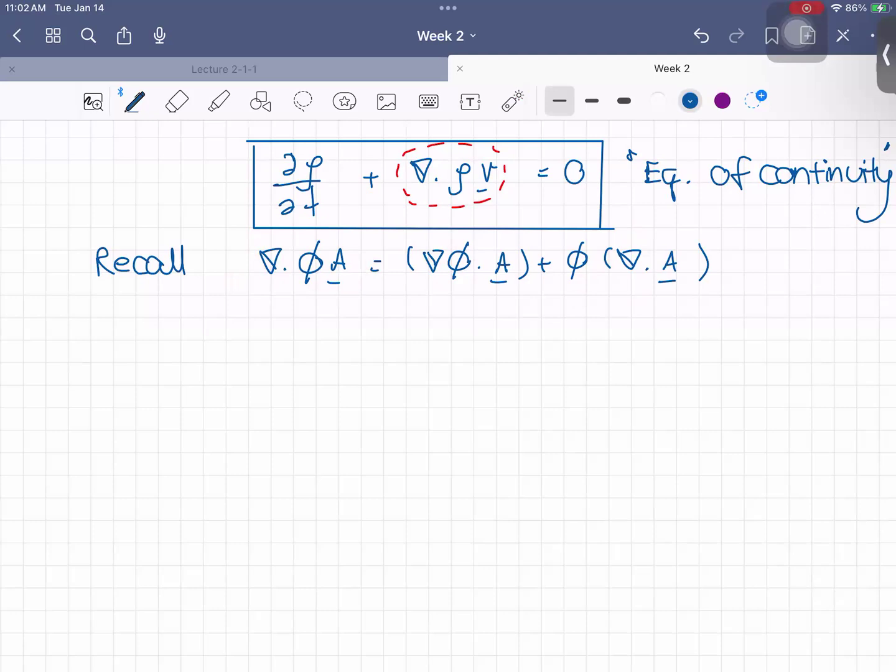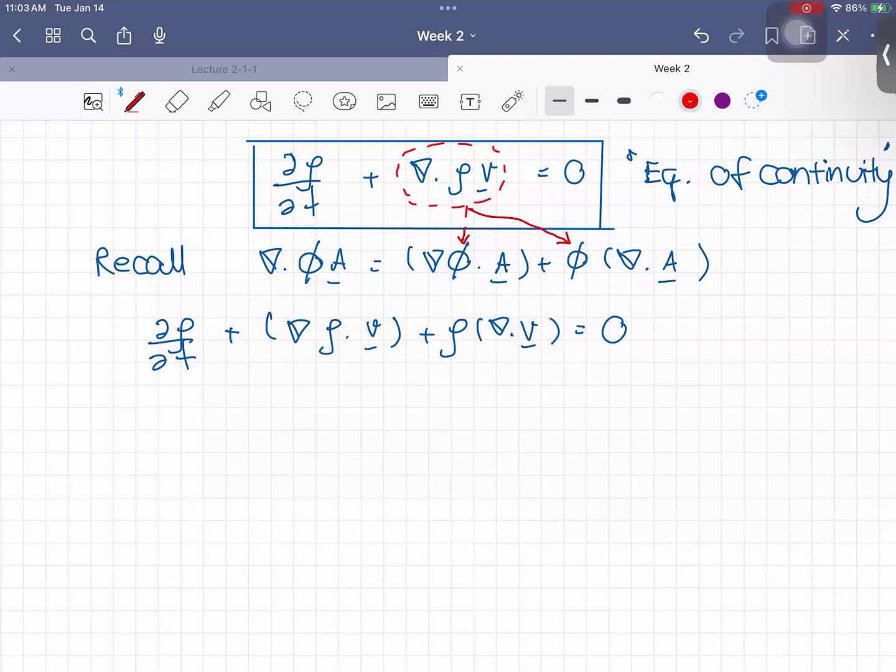So from the equation of continuity, we can rewrite that dρ/dt is going to be ∇ρ·v, plus ρ∇·v, equal to 0. It's the same thing, right?